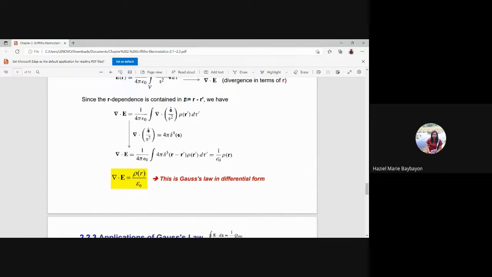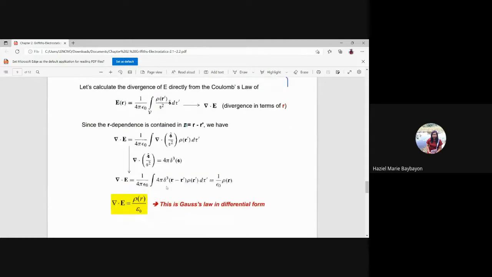Okay? We got the same result, so why does this become rho over epsilon naught? This one has a value only for r equal to r prime. Okay, since 4 pi is a constant, you can take it out of the integral sign. So we can cancel 4 pi out. So what remains here is 1 over epsilon naught.